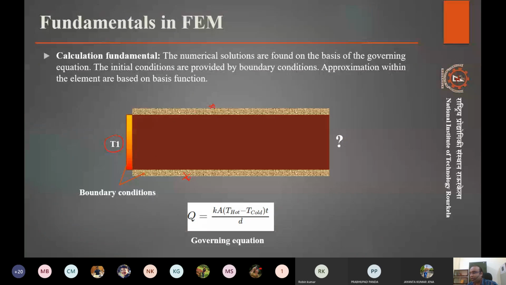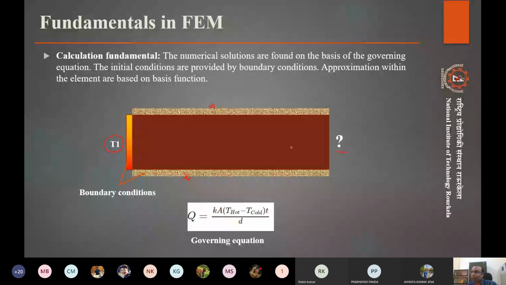So the amount of heat that will be transferred from this point to any point on this slab will be governed by this equation and by the boundary condition, right? And on the basis of that, we can find out what is the end result here.